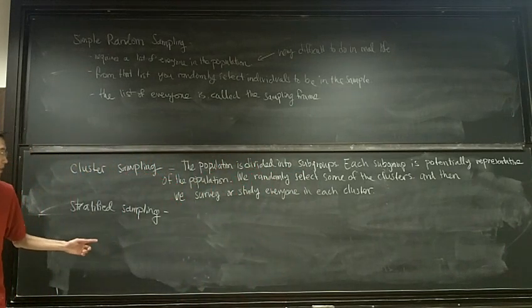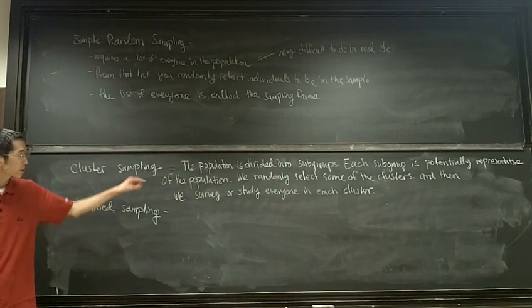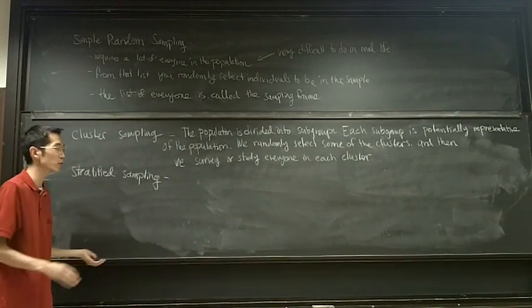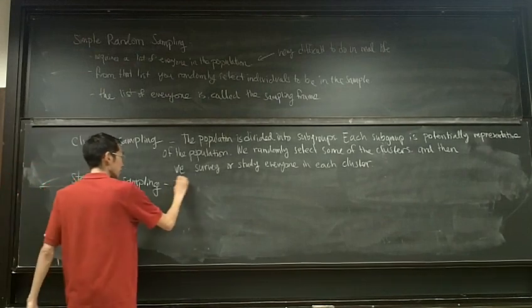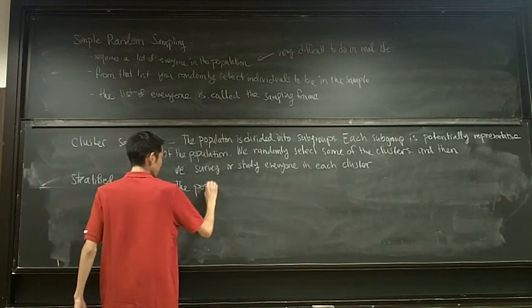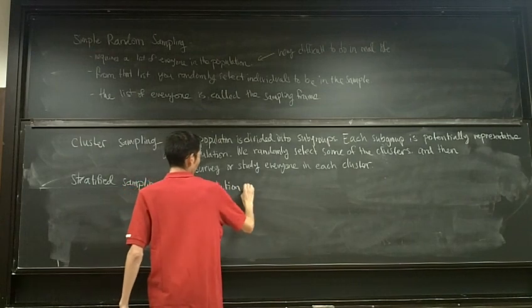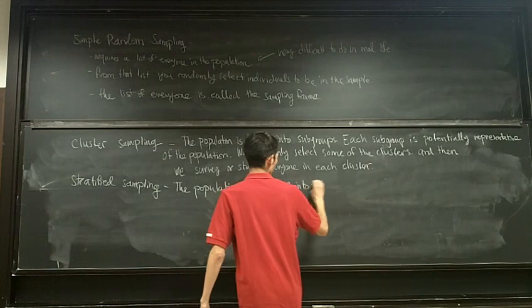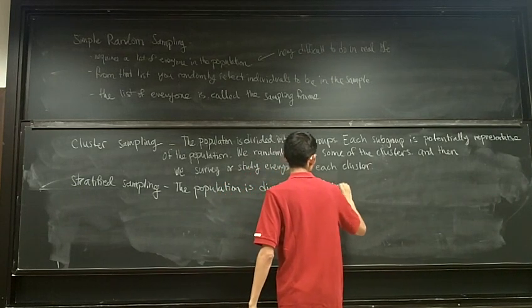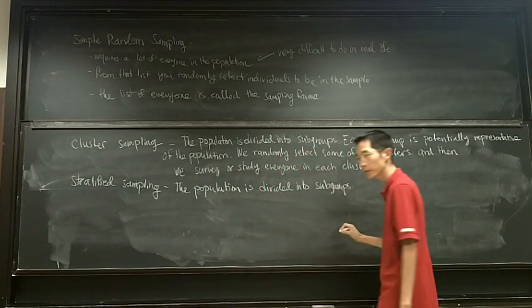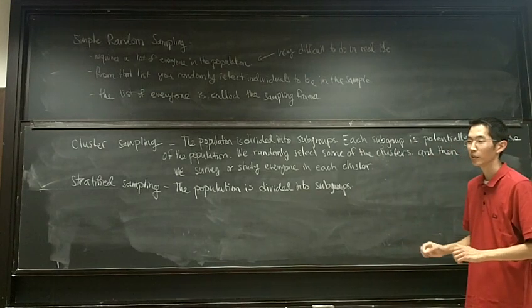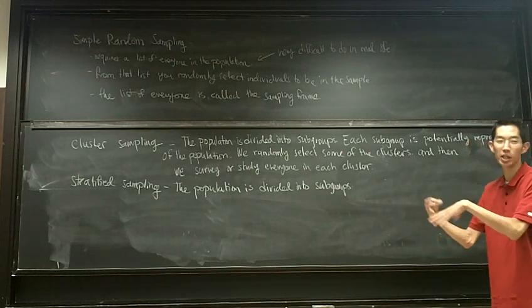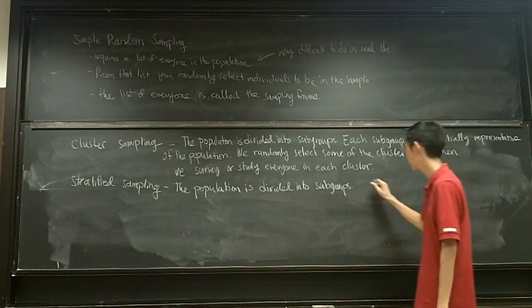Stratified sampling, on the other hand, we also have the population divided into subgroups. But the way the subgroups work here is different. The members of each subgroup have something in common. There's something homogeneous about each subgroup.